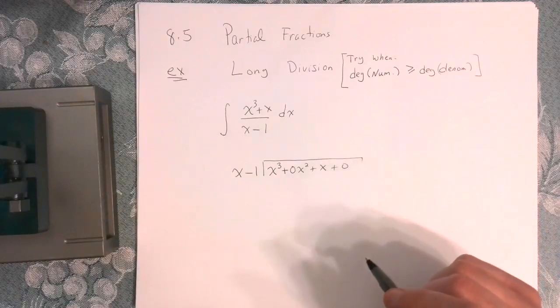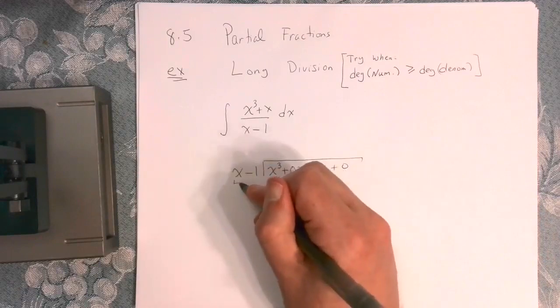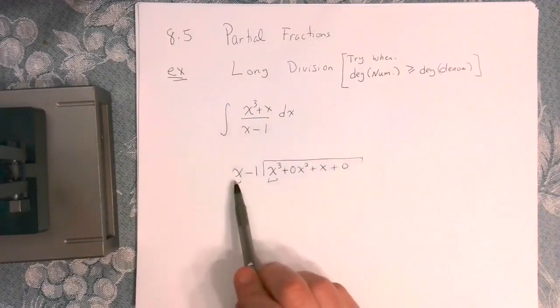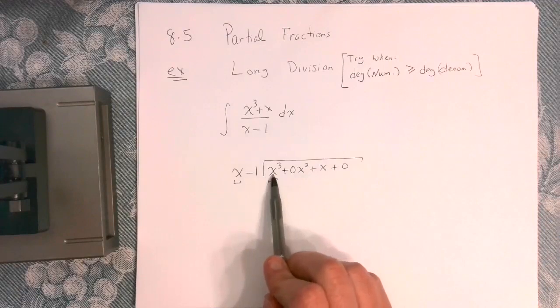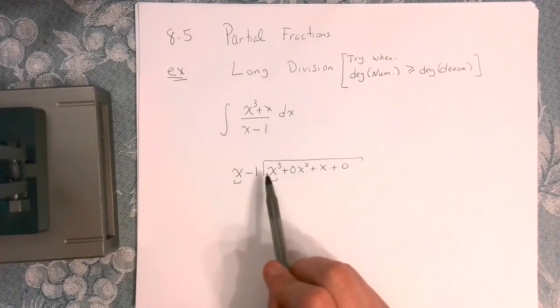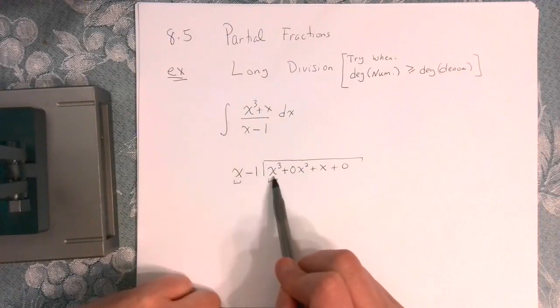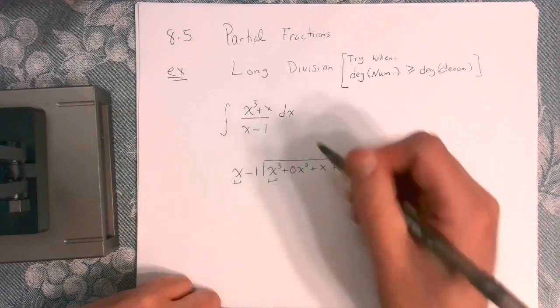Here you have to remember from pre-calculus how to long divide polynomials. You look at the first term and ask how many times this goes into this. That's the same thing as asking this times blank equals this. Well, this times x squared equals this, and that x squared can go up here.